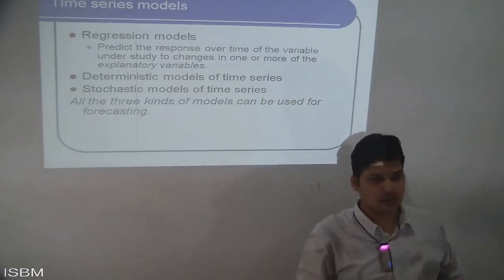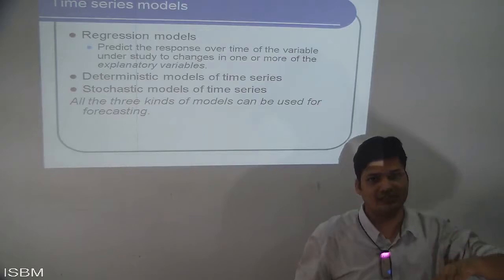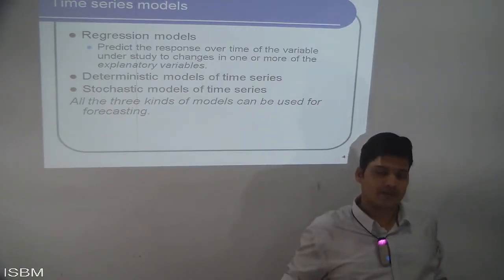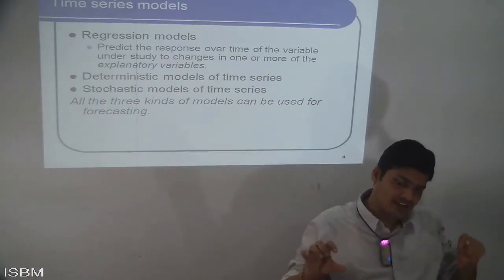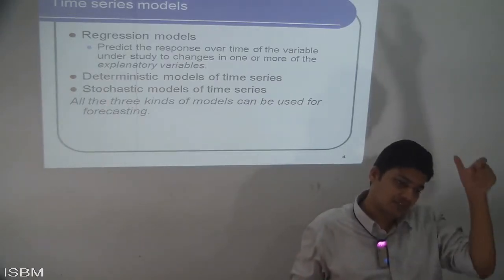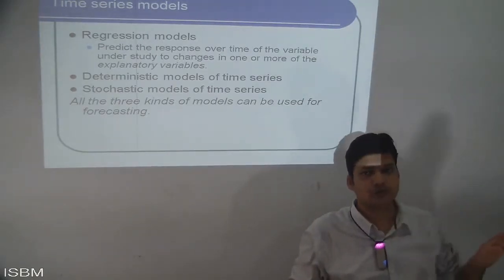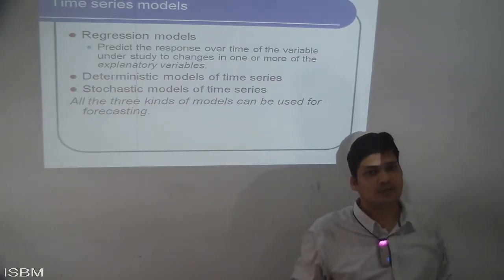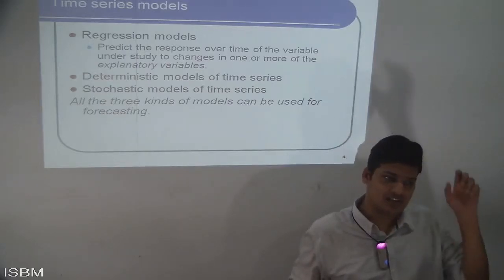When the time changes, the variable will change. Suppose there are x and y axes. When you plot this equation, suppose you have a single equation, x plus 2y plus 3. You need to plot this in a graph. I'm just giving an example. I told you in LPP, linear programming problem, how to plot a linear equation in a graph.